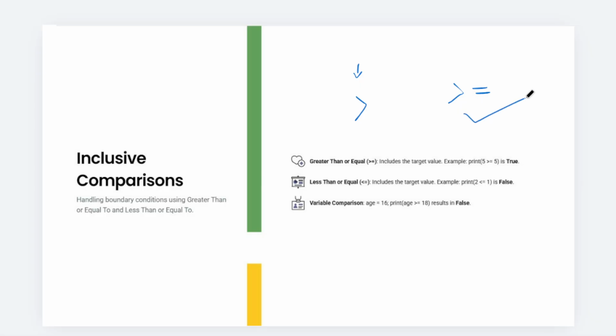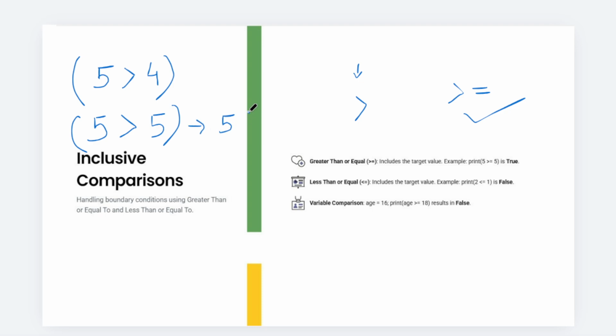What happens in greater equals, it checks for equality as well. If I say 5 is greater than 4, okay, or 5 is greater than 5. Here 5 is not greater than 5, but when I say 5 is greater equals 5, it means I'm checking for equality as well. Equality is included.